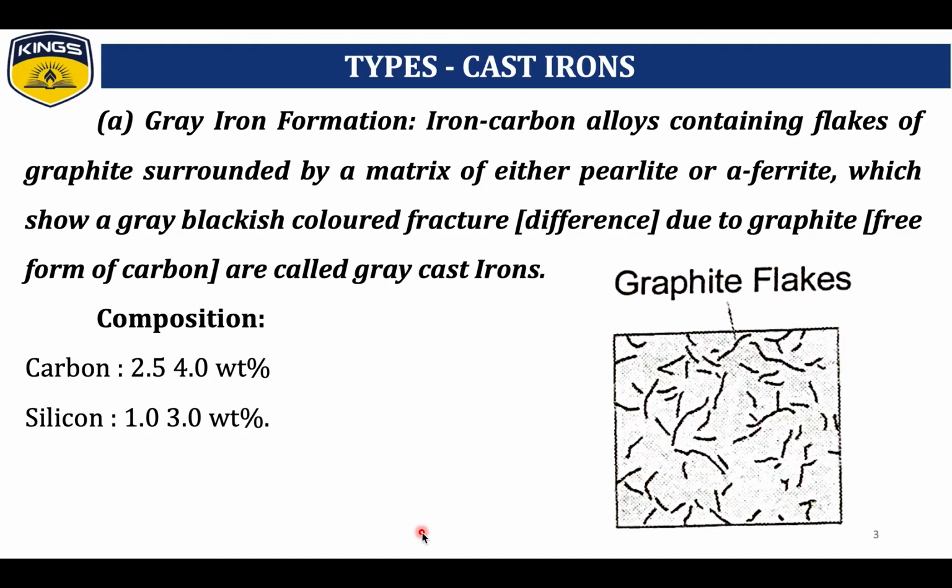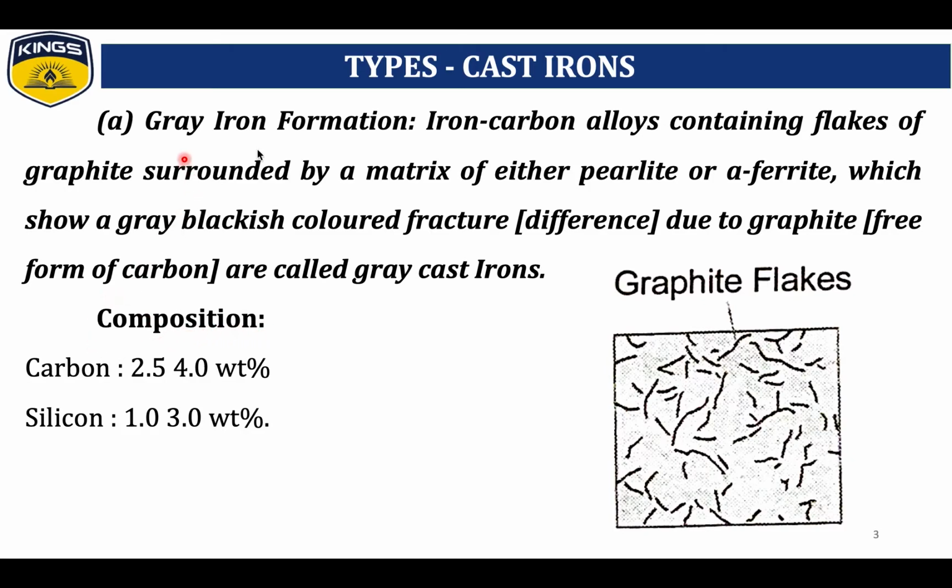These graphite flakes and the microstructural appearance are shown in this figure. It seems to be a blackish fracture with the graphite flakes. As I told already, the composition is a must.